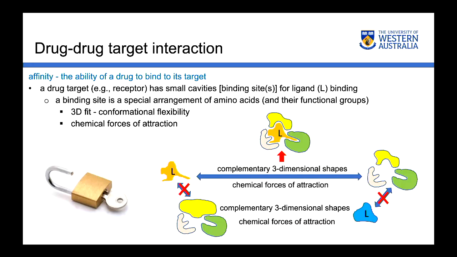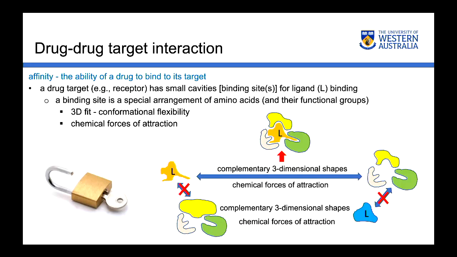But if there's any mismatch, either the key won't be able to open the lock at all, or in the case of a master key, a key can open many locks, which is not desirable at all, because you just want to target particular drug targets to produce a specific biological effect, rather than a drug that binds to a whole range of targets, which not only produces therapeutic effects but quite likely will also produce undesirable effects or toxic effects and so on.